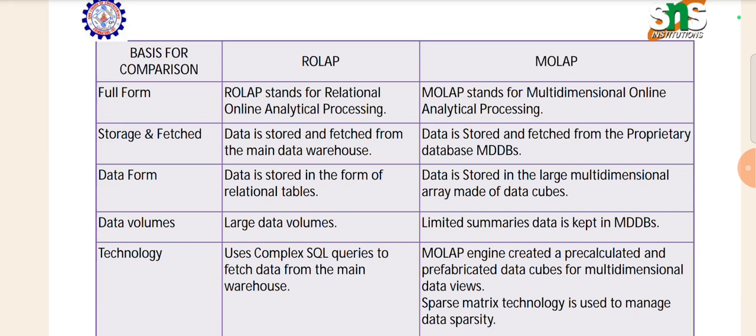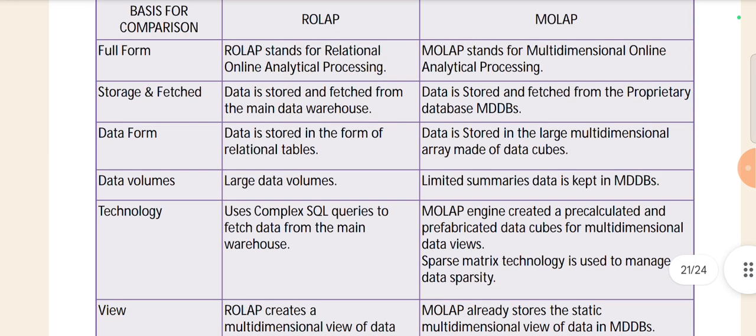Whereas when compared on storage and fetch, ROLAP stores in the data warehouse, MOLAP stores in MDDB. Next, data form. ROLAP holds data in relational tables. Here it's in cube form. And the volume: ROLAP handles large data volume, whereas MOLAP uses MDDB, so limited summarized data is kept over here.